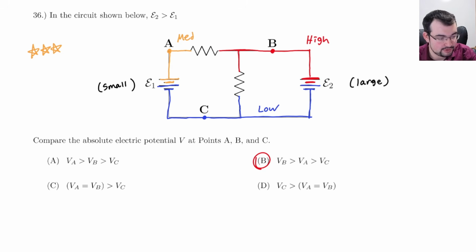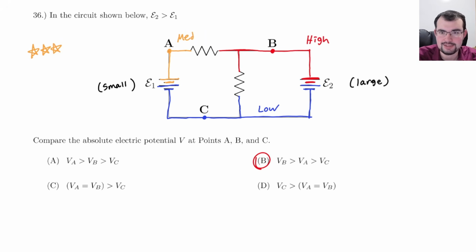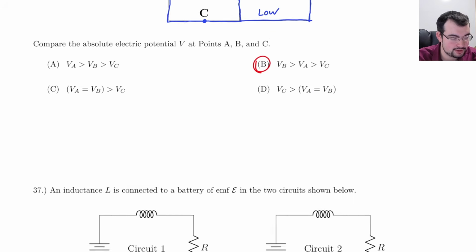So we have some sort of intermediate potential here. What's weird about this is since EMF 2 wins, you can get some current going this way. So the current direction changes, making this very non-trivial. I think it's honestly easiest if you just make up fake values for epsilon 2 and epsilon 1. And if you wanted to really cheat, you could make epsilon 2 zero, that one worked because you could just short. Yeah, it's just hard.